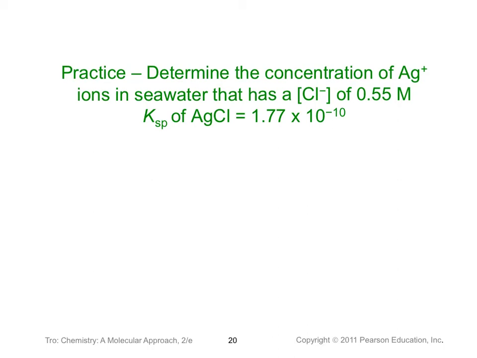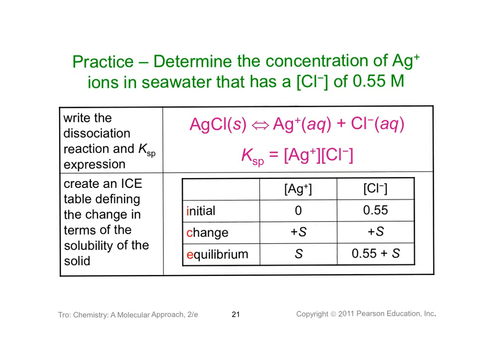So let's look at a little practice problem here. Determine the concentration of Ag+ ions in seawater that has Cl- of 0.55 molar. And again, you're given the Ksp, this Ksp of 1.77 times 10 to the minus 10. Obviously, we're going to be able to drop the x. So here's the ICE table.